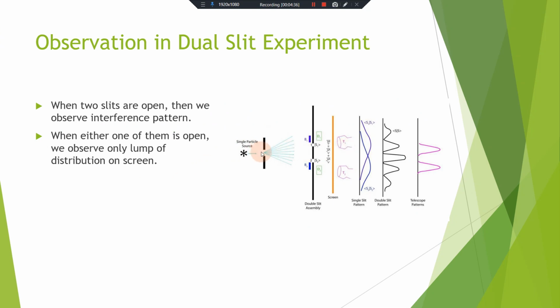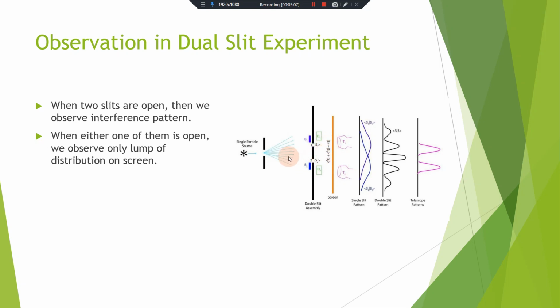Suppose two electrons are emitted by the electron gun, and one electron goes through the upper slit and another electron goes through the lower slit, and they interfere.